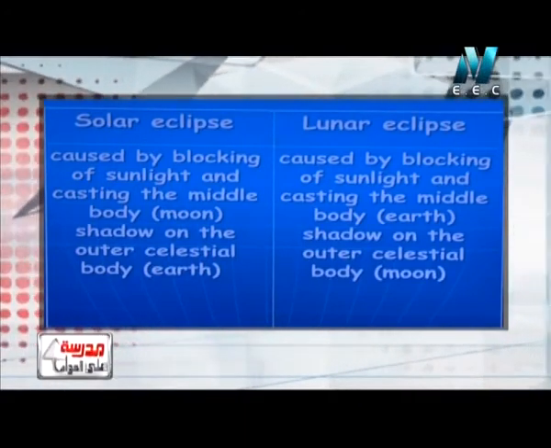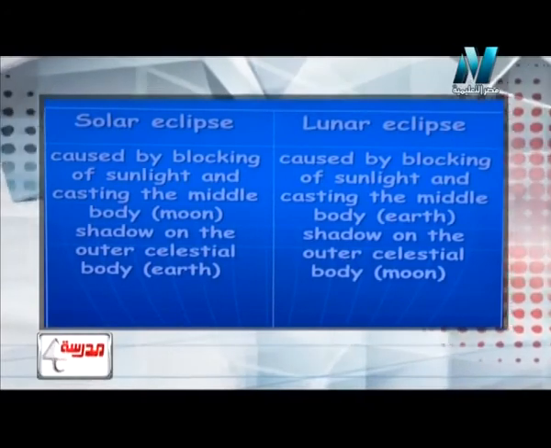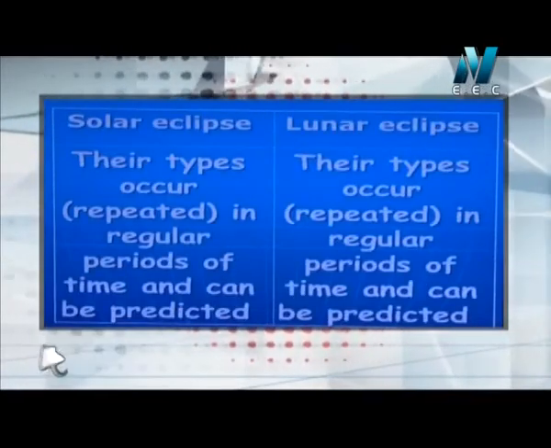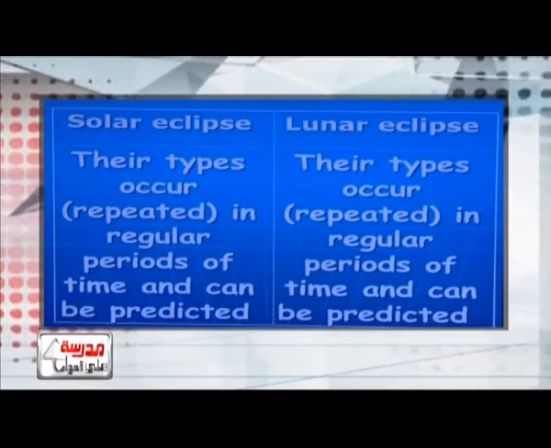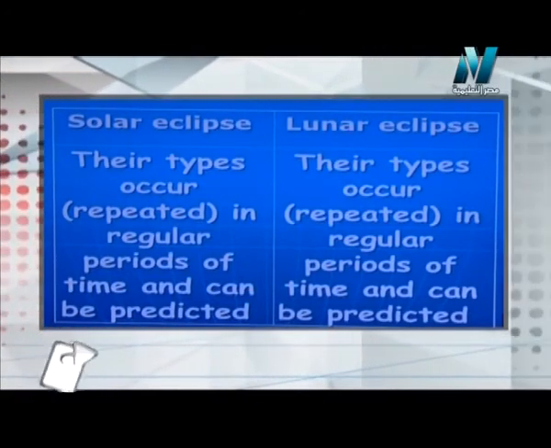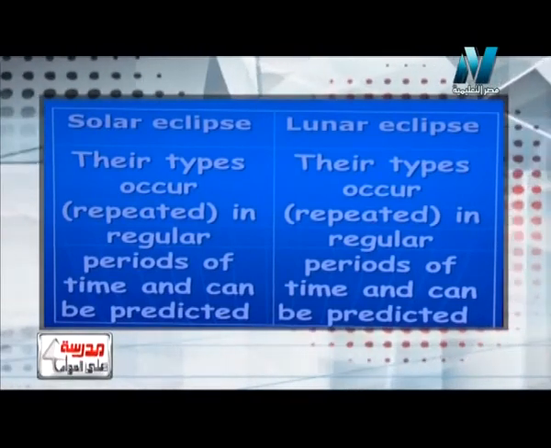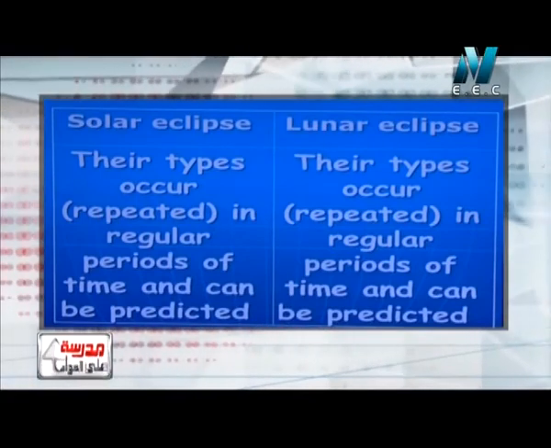It is caused by blocking of sunlight and casting the middle body Earth's shadow on the outer celestial body, the moon. Another similarity between solar and lunar: their types occur or repeat in regular periods of time and can be predicted.